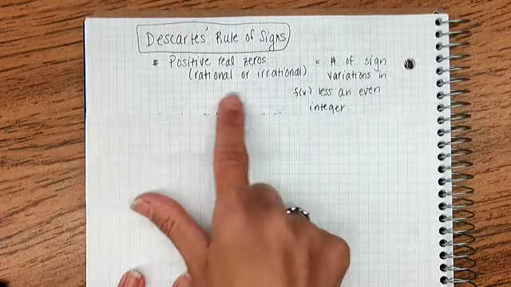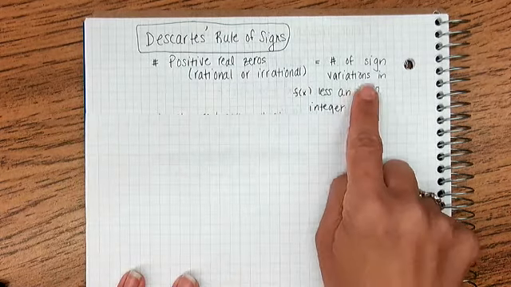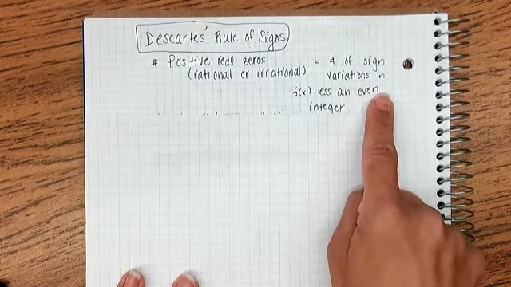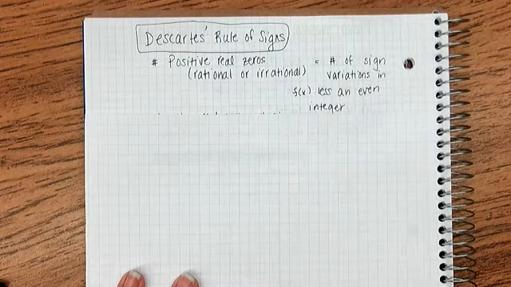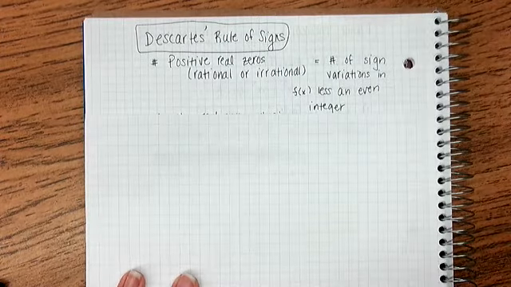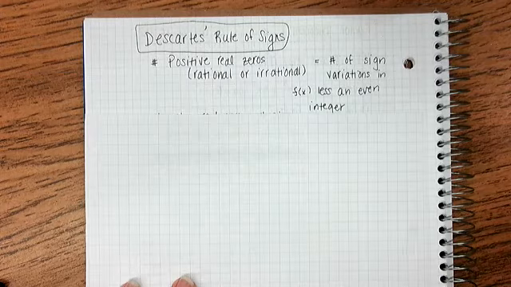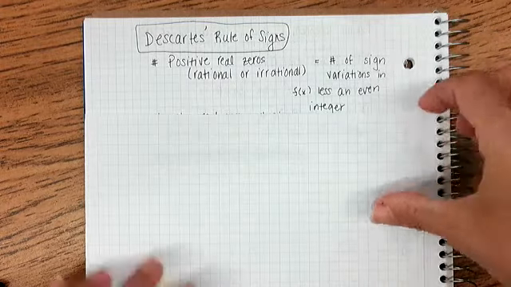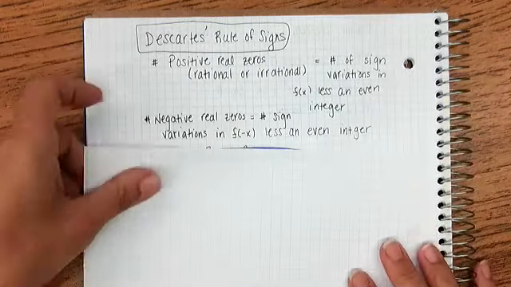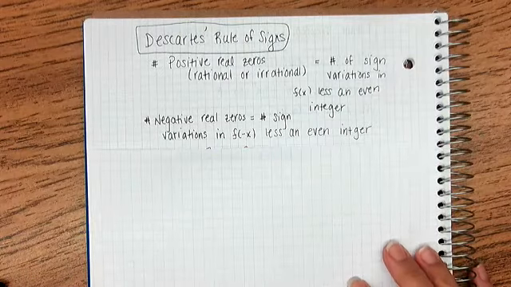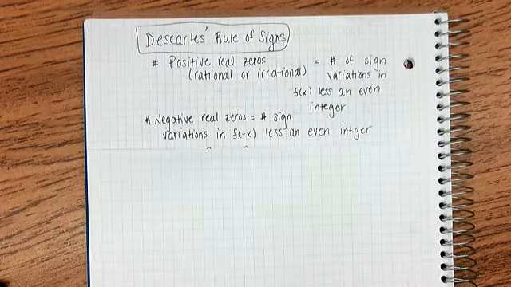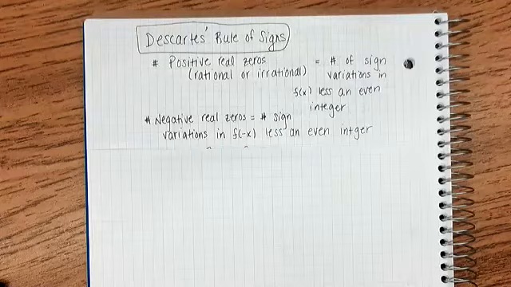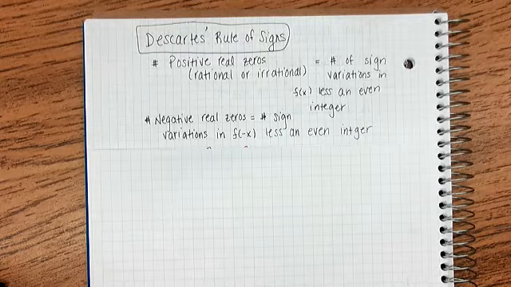Descartes is for rational or irrational, and is equal to the number of sign variations in the function less an even integer. The number of negative real zeros is equal to the number of sign variations in f of negative x less an even integer.